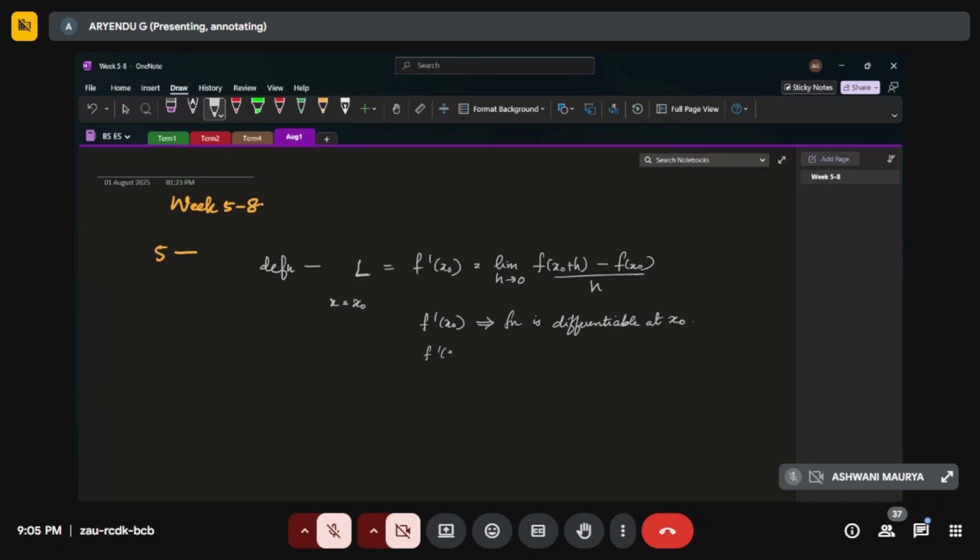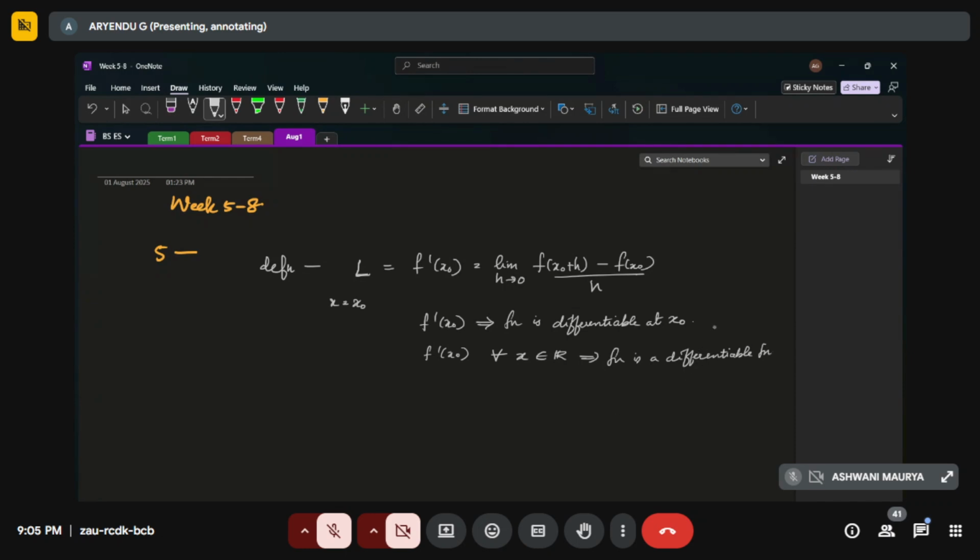And if f dash of x naught exists for every x belonging to the real numbers, then we can say that the function is a differentiable function. So there is a difference between a function that is differentiable at one point and a function that is differentiable at all points.